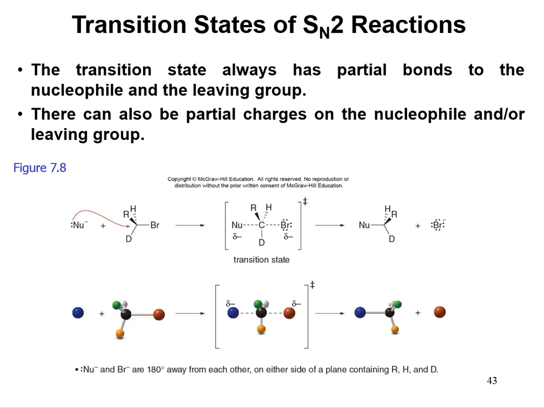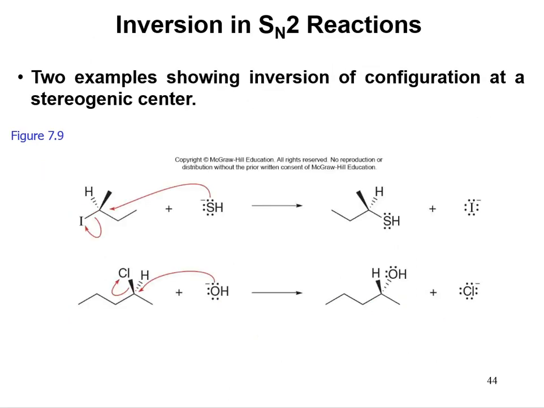This one-step process allows for carbon to never have more than an octet of electrons. See the product and how the groups are inverted. The D, R, and H have flip-flopped like an umbrella turning inside out. The stereochemistry will swap.